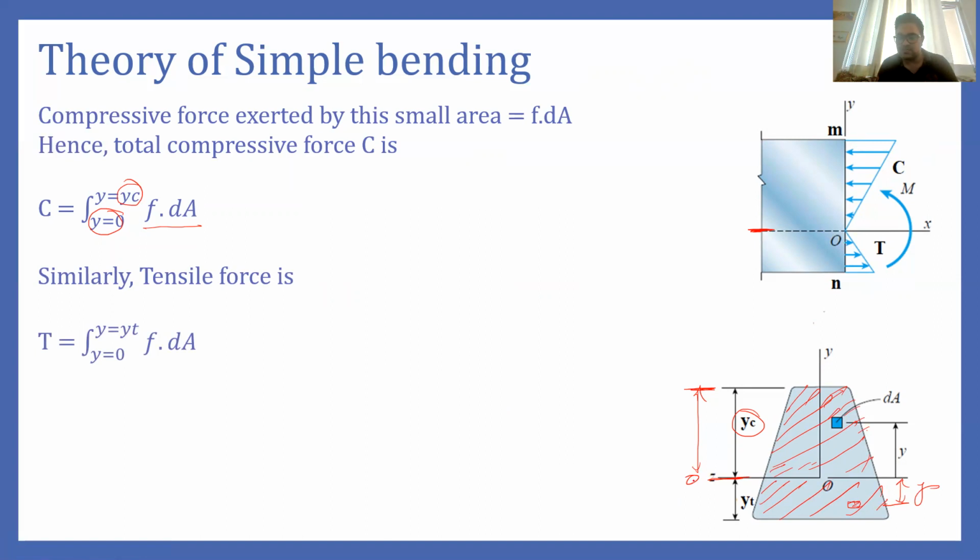Here it is 0 at the neutral axis, and the maximum stress will be at distance yt. So the integral becomes y equals 0 to yt, of F into dA, where F is the bending stress. Now we know that C is equal to T, or if we add C and T, it will be 0. Why? Because C and T are of opposite direction, so if we add them, it ultimately becomes 0 for the equilibrium condition.